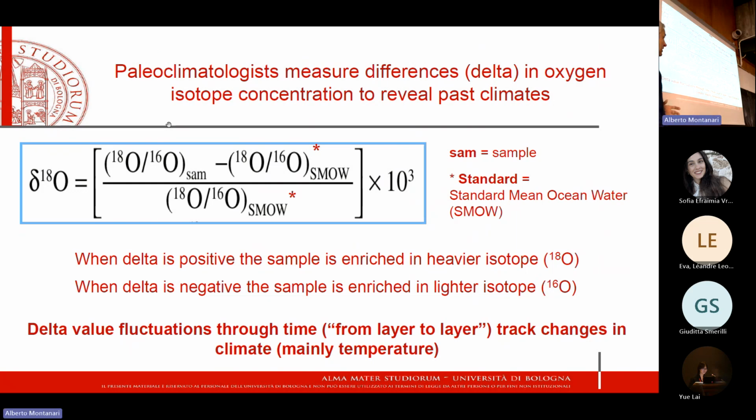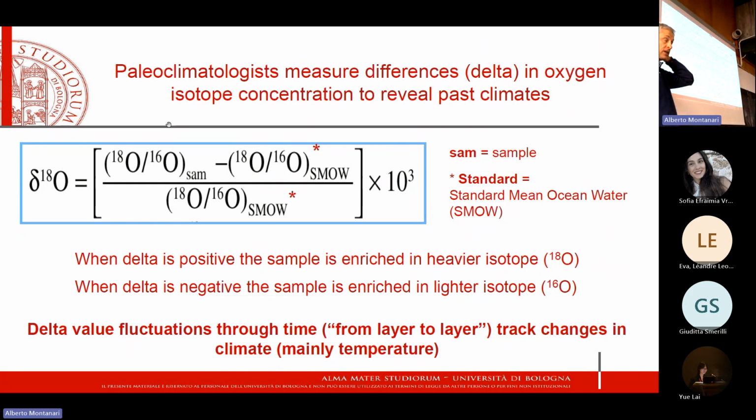In nature, there are about 350 stable isotopes for, if I remember well, 80 elements, 80 different atoms. One is oxygen, the other one is deuterium, but there are many others.